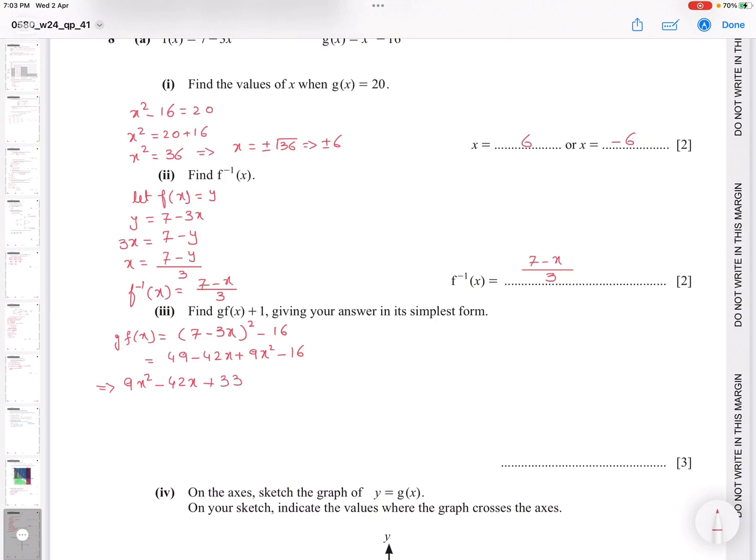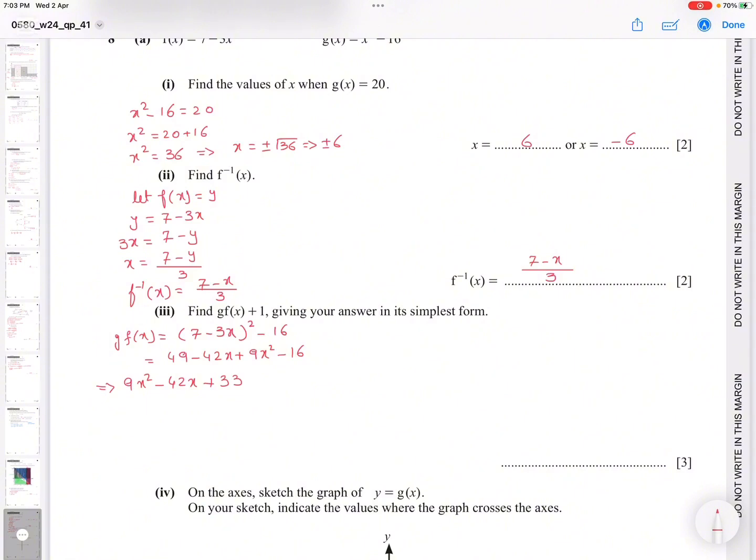So let me check if I can simplify it. 42 by 3, this is 14. Okay, actually this is our g of f of x.